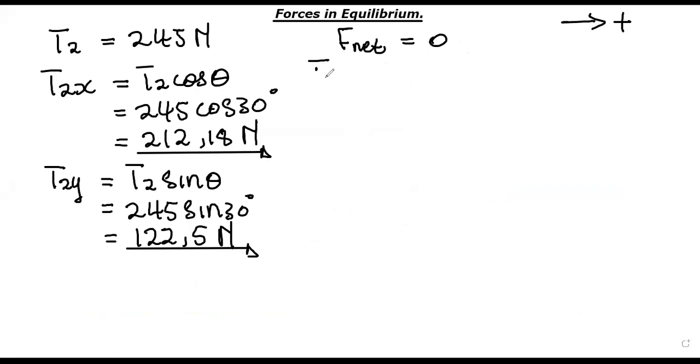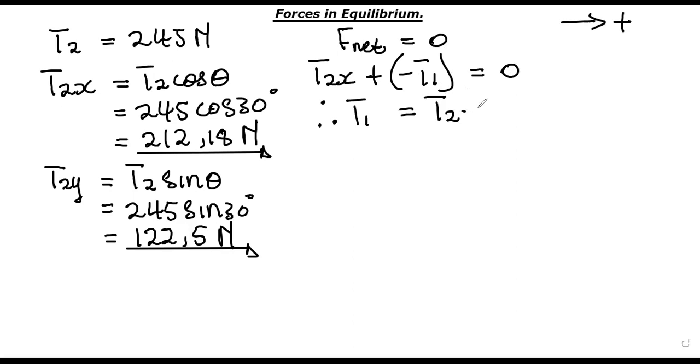Here we can see that T2 in the X is going to the right, but T1 is going to the left. So if we add these two forces, we need to get 0. If you take negative T1 to the right, it becomes positive. So this means T1 is equal to T2 in the X.